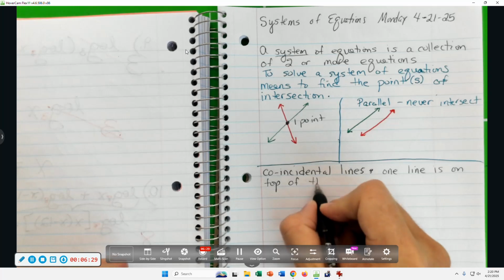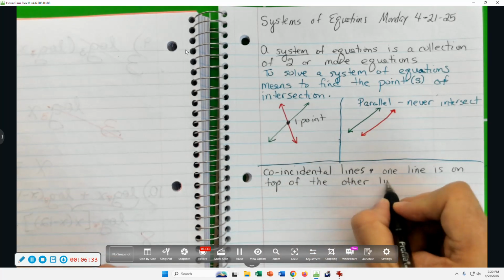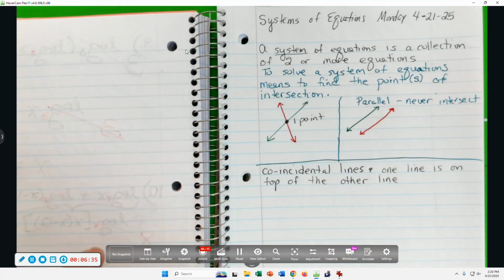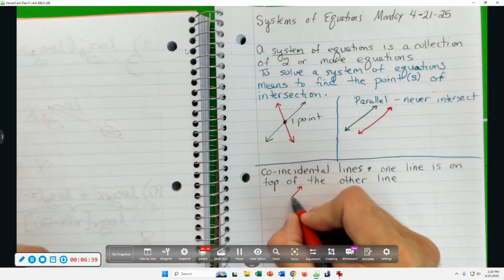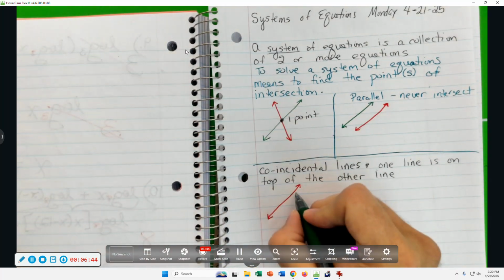So imagine if we had our red line and we drew a green line right on top of it.